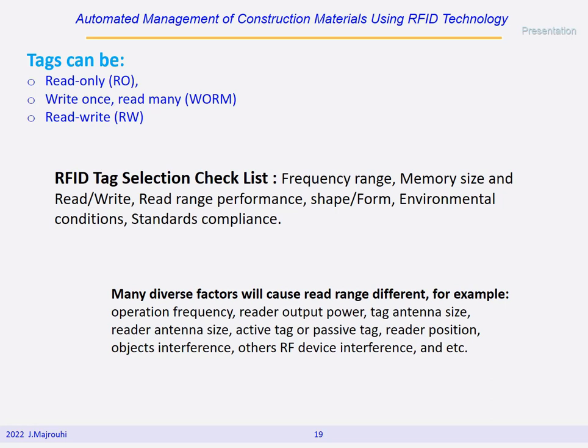Many diverse factors will cause the read range to differ, for example operation frequency, reader output power, tag antenna size, reader antenna size, active or passive tag, reader position, object interference, other RF device interference, and so on.